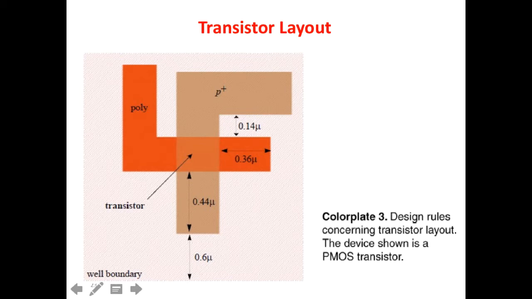Now, in this case, let's start from the simplest thing. This minimum distance of 0.36 micron between the end of the poly gate and the end of the P plus.